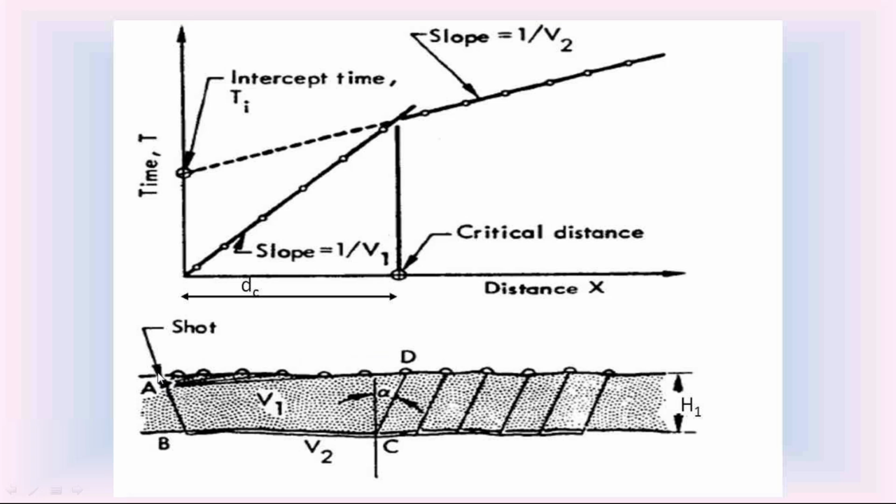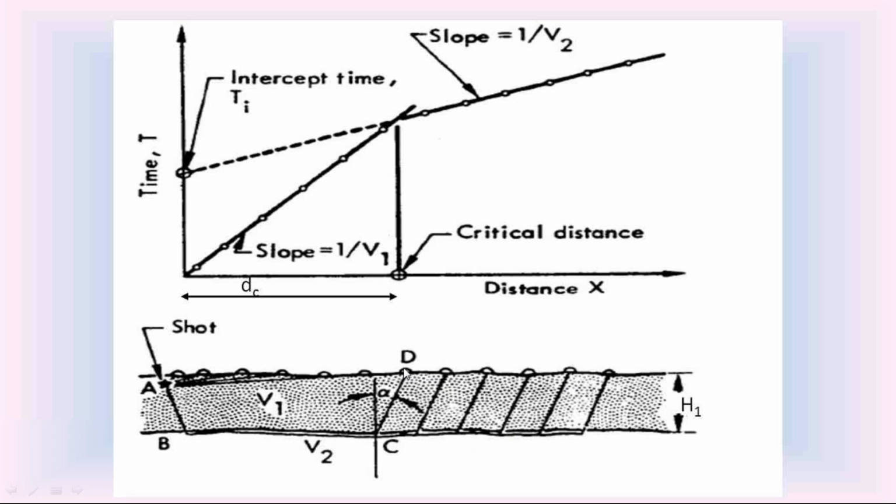Some other shock waves traveling in the first layer and also in the second layer are received by other geophones. These geophones receive the shock wave traveling in the second soil layer with velocity v2.